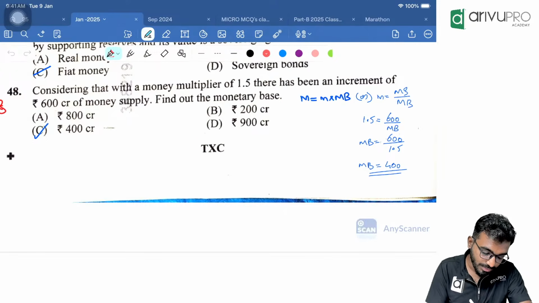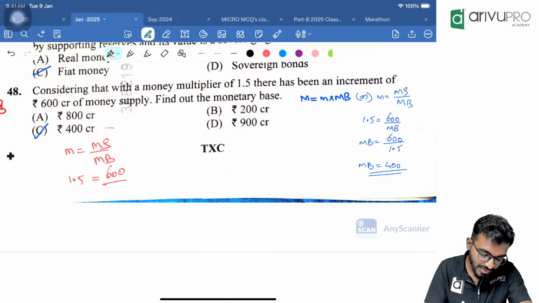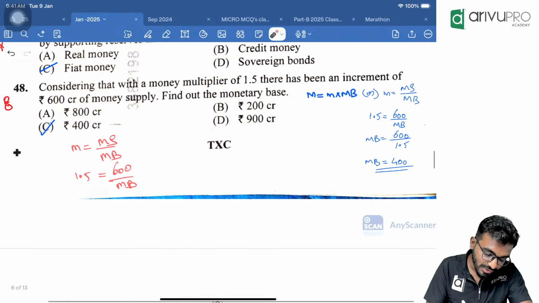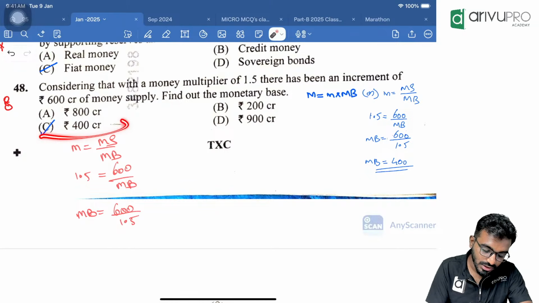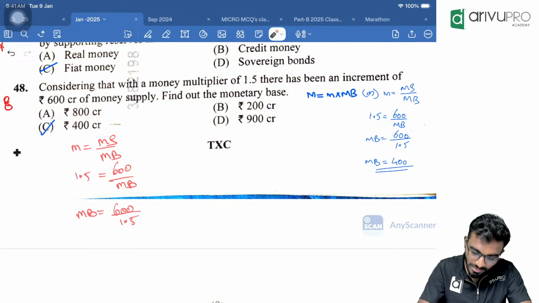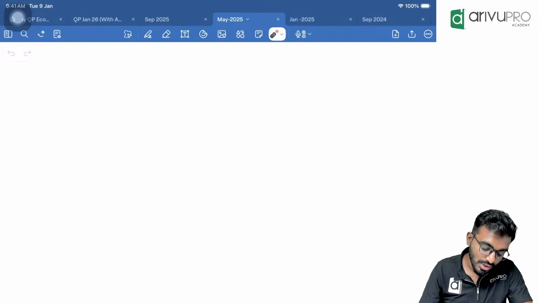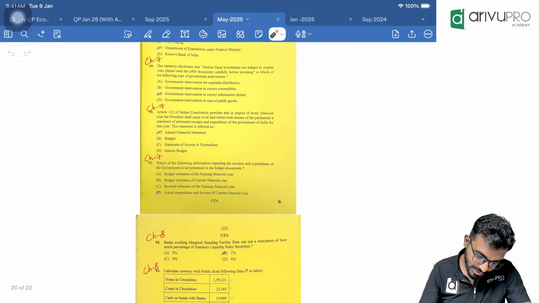It is much simpler. The money multiplier, small m, is MS by MB, and they have already given the multiplier. So 1.5 is equal to 600 divided by MB. MB goes to the left-hand side and 1.5 comes to the right-hand side denominator. So MB will finally be 600 divided by 1.5. Answer is 400. See, most of the questions are coming from MS by MB only. Let me show, in every attempt.